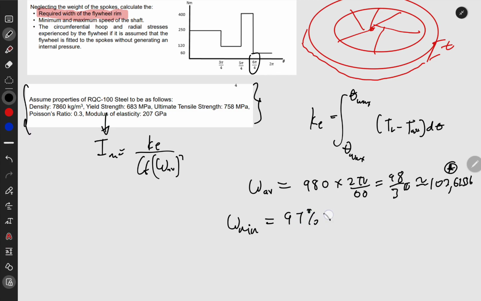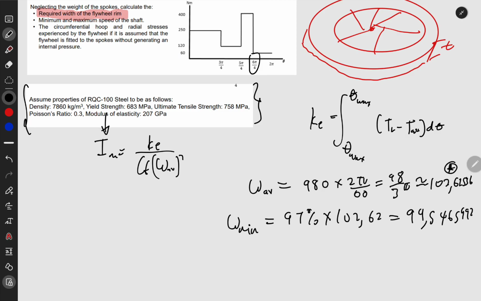So 97% multiplied by our 102.62, then on my calculator will be 97% multiplied by A, because I stored A, and then I'll get something like 99.546592, it's still the same unit for angular velocity.